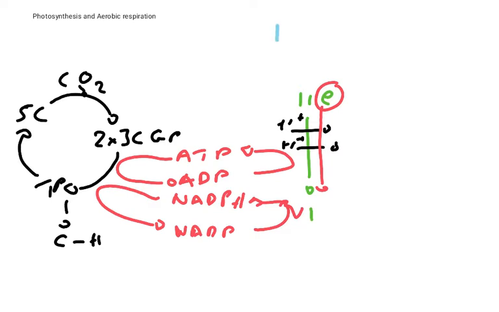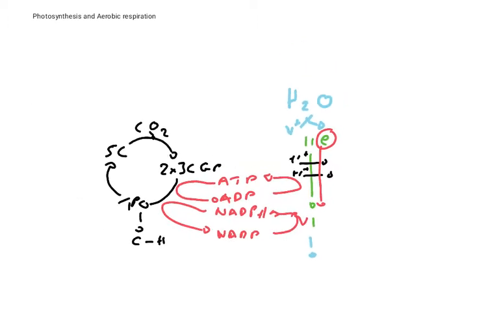So in this case we take water and we split it to give us the electrons, some hydrogen ions, and those hydrogen ions help to contribute to the gradient of hydrogen ions that flow out through ATP synthase, generating ATP, and also it produces some oxygen. We'll put the oxygen coming off at the bottom here.